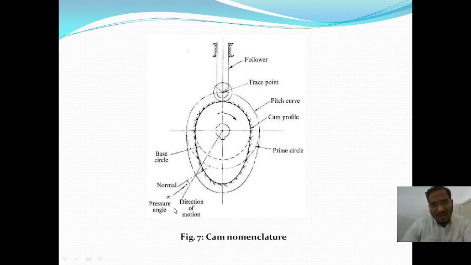Maybe someone is not understanding the pressure angle. Now here you can see the pressure angle. The normal and the direction of motion at the center point of the cam have some angle, which is called alpha. That alpha represents the pressure angle.